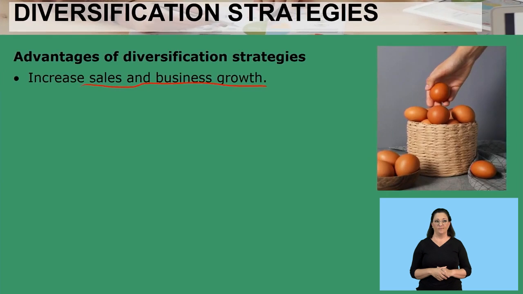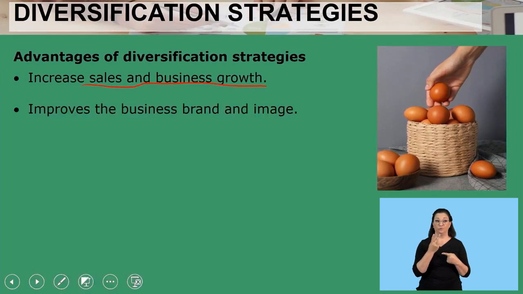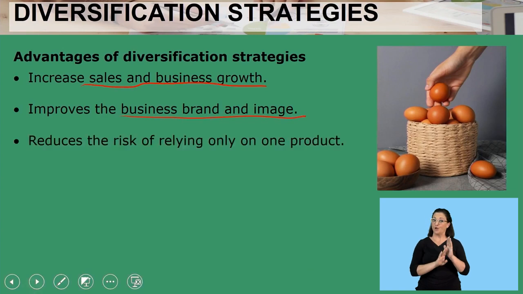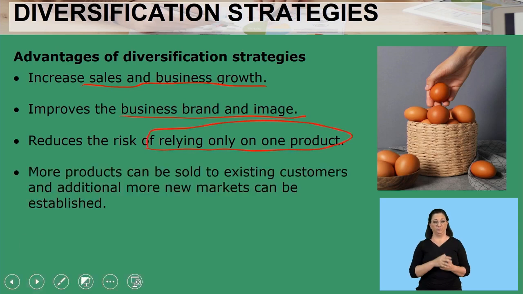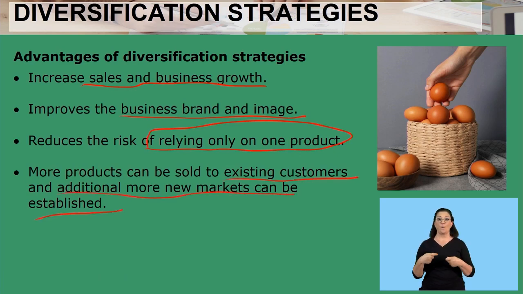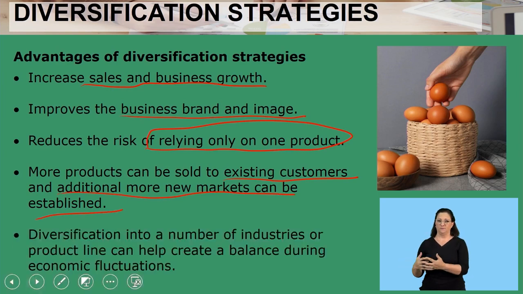Right, still on the advantages. It improves the business's brand and image. The third one, it reduces the risk of relying only on one product. I just mentioned that. More products can be sold to existing customers, and more new markets can be established. We did say that. Additional markets can be established.